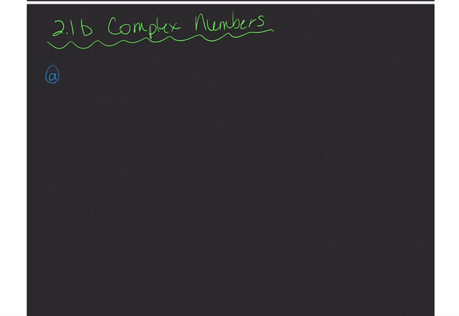We'll start with A. So let's say we have the square root of negative 18 plus the square root of negative 8.